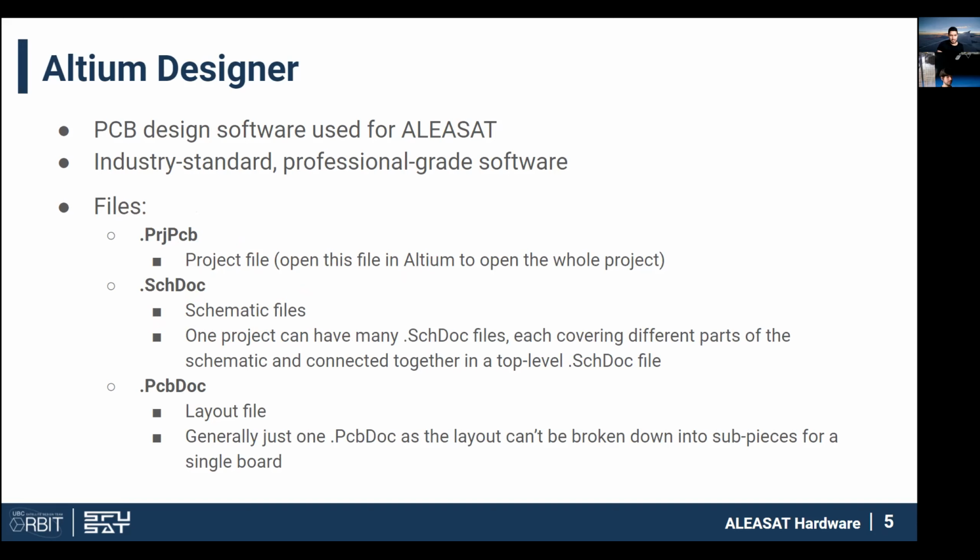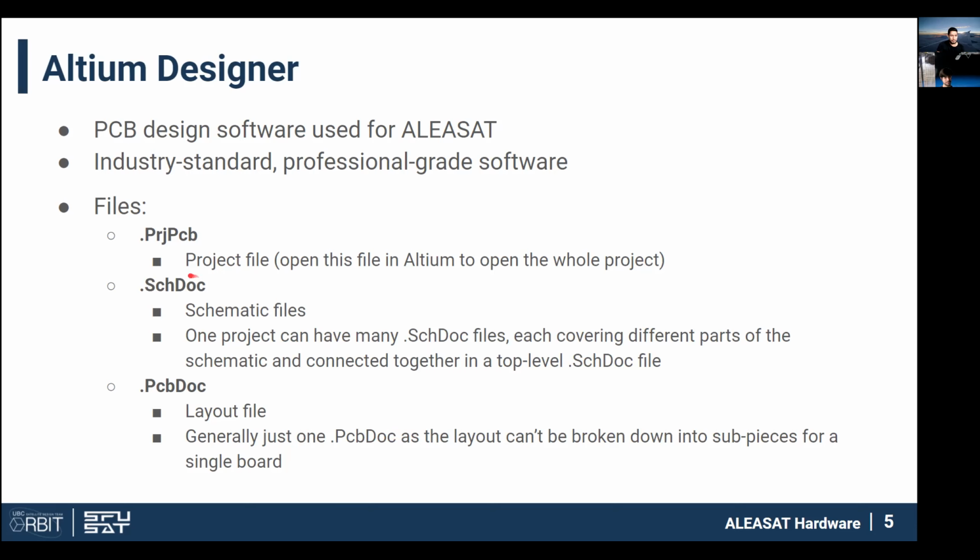That's what we have for ALEASAT, so I can show you what that looks like. And then the PcbDoc file is the actual layout. Generally, there's just one of these for the project because you just have one physical board. If you had multiple physical boards, you could have multiple PcbDoc files, or you could have different variants.